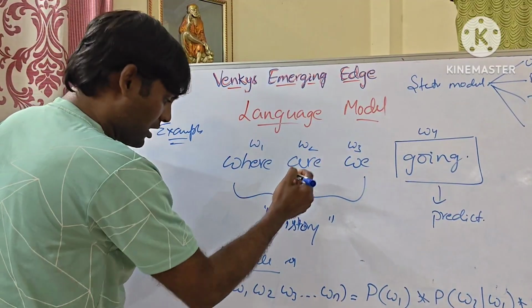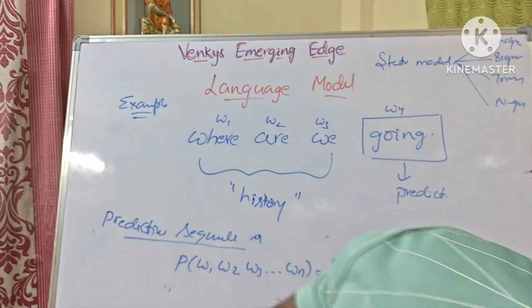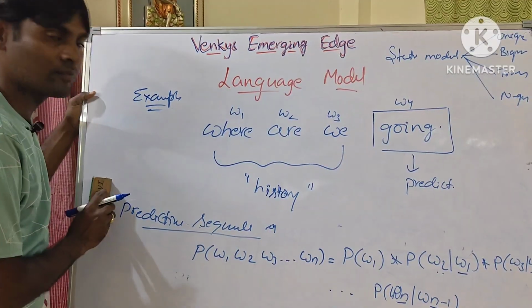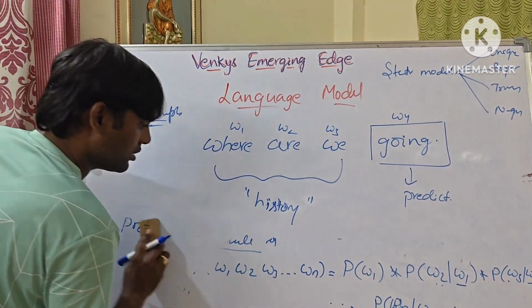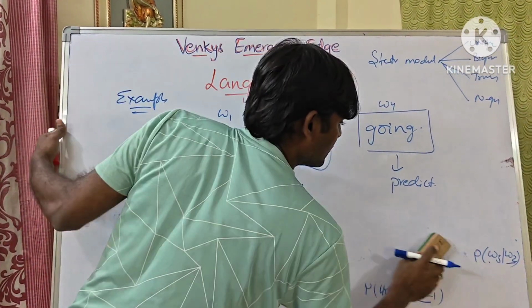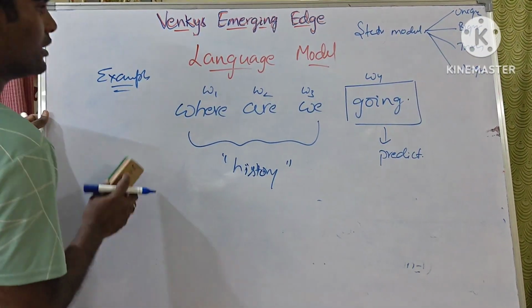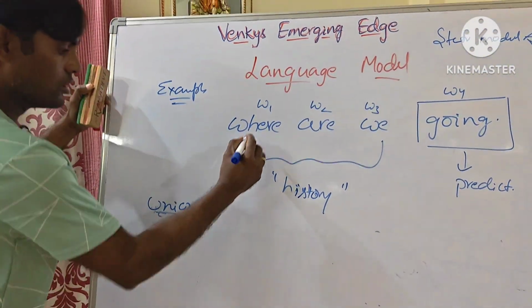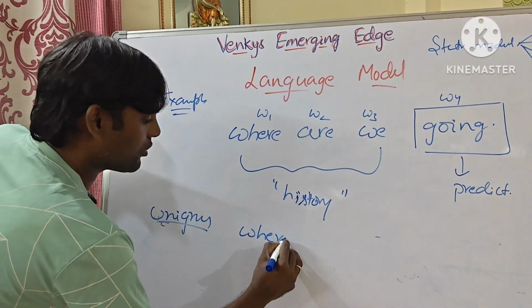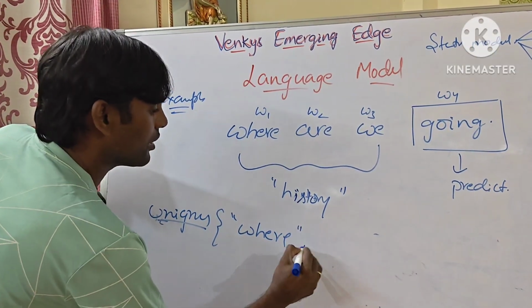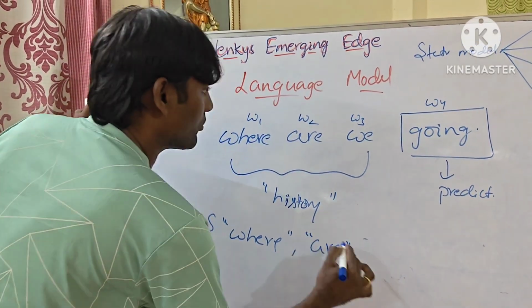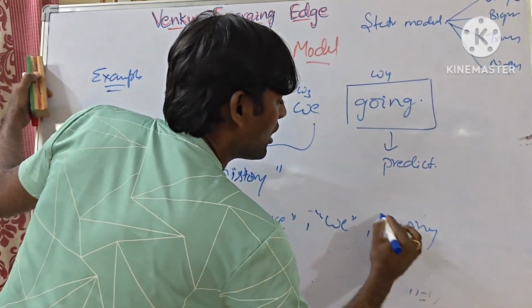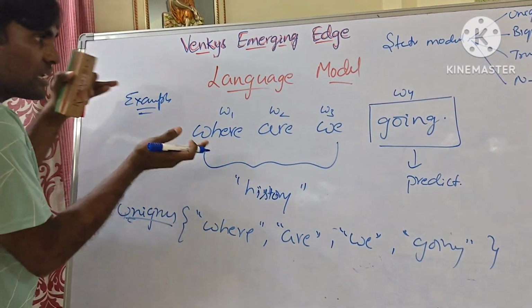Take the sentence "where are we going". Unigrams are: where, are, we, going, the individual words in a given sentence.